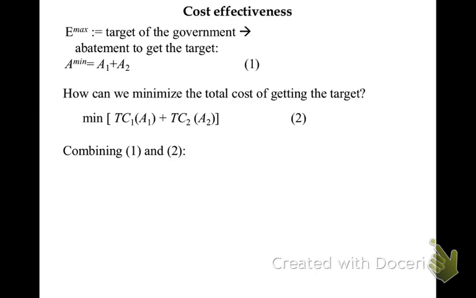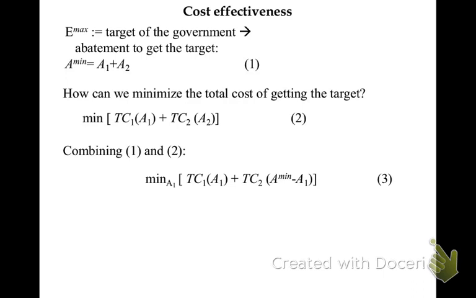So I can combine 1 and 2 and express the objective functions only in terms of abatement of the first firm. I just did the substitution. Can you see here? Instead of A2, I put the target in terms of abatement minus A1.